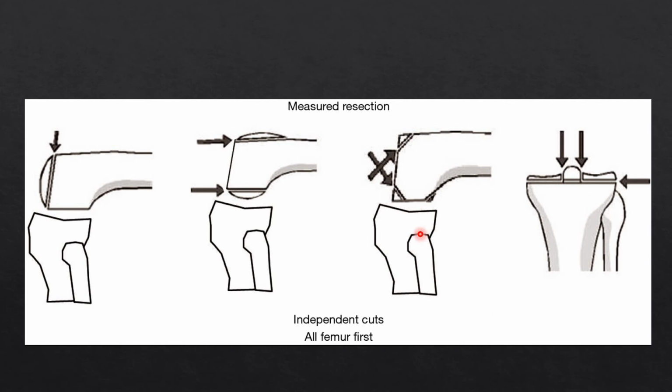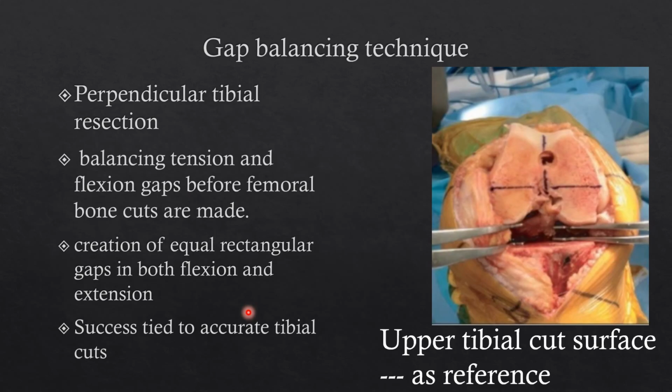In the measured resection technique, all the cuts of the femur are done with reference to the bony landmarks of the femur itself, such as the transepicondylar line, AP axis, and the posterior condylar line, and it is not referenced with any landmark of the tibia. In the gap balancing technique, first the tibia is cut perpendicular to the mechanical axis of the tibia.